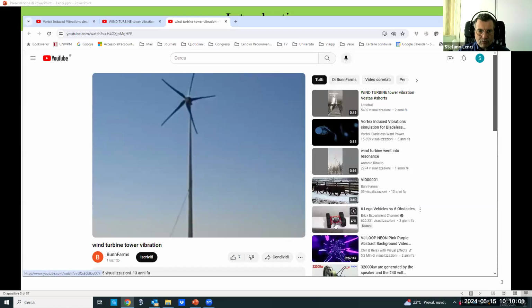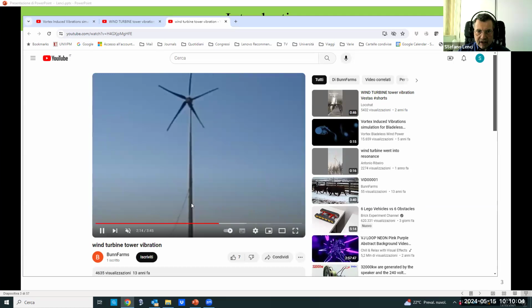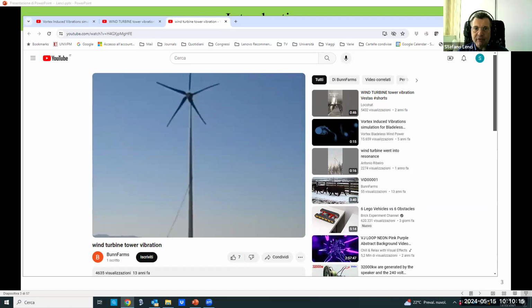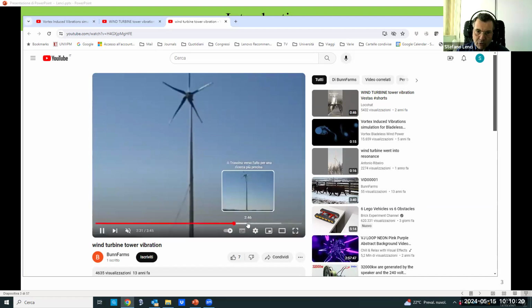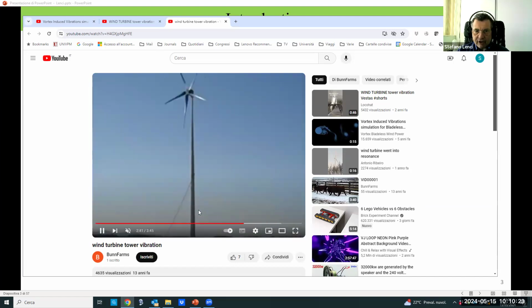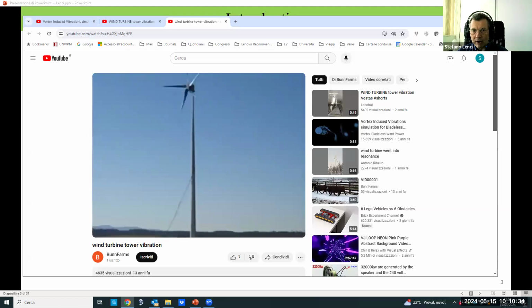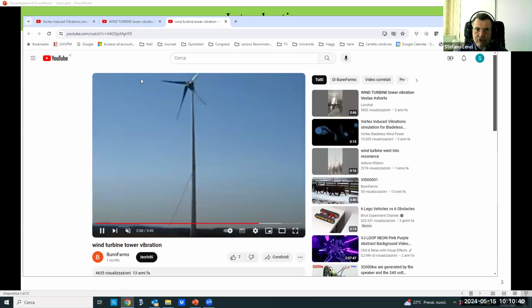And you will see that when it starts to oscillate, the velocity of the rotation decreases. You see now it decreases. So basically you see that there is much coupling between the dynamics of this structure. Here you can see even better the strong vibration. You see that it stops rotating just because of the vibration. So you really understand how important and relevant vibrations of the wind tower are. So we need to study this for sure.